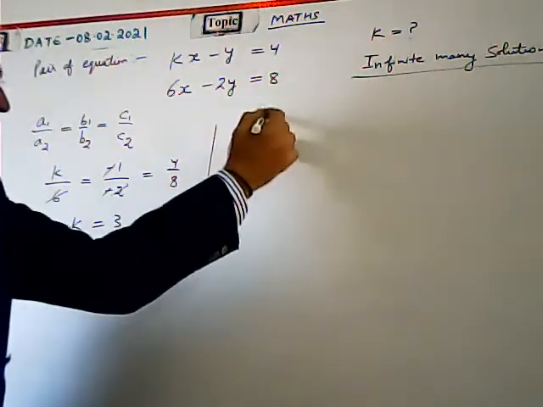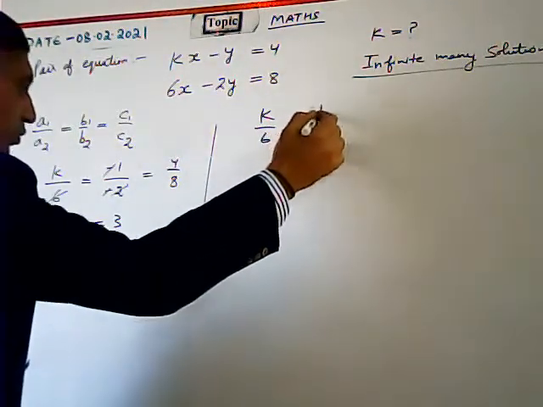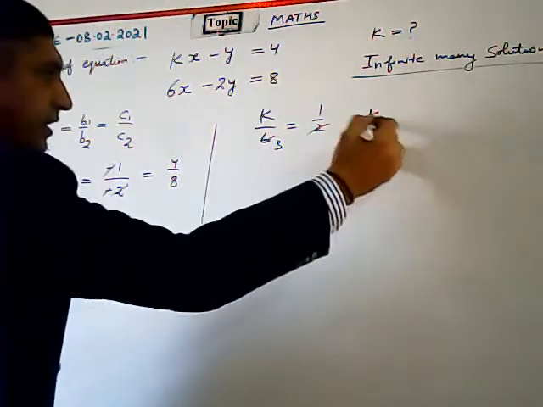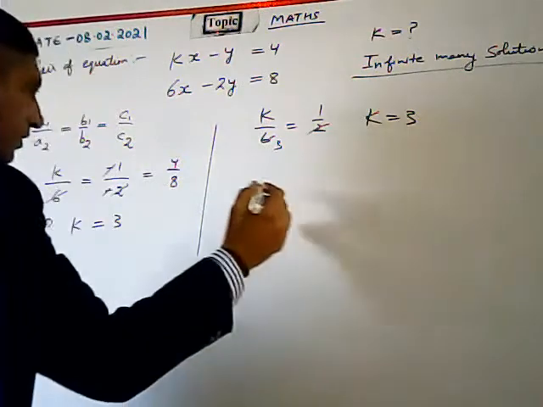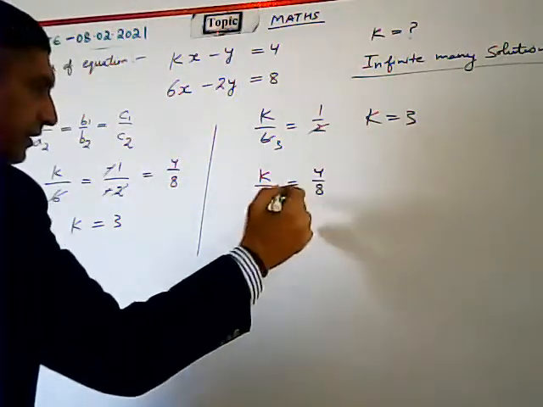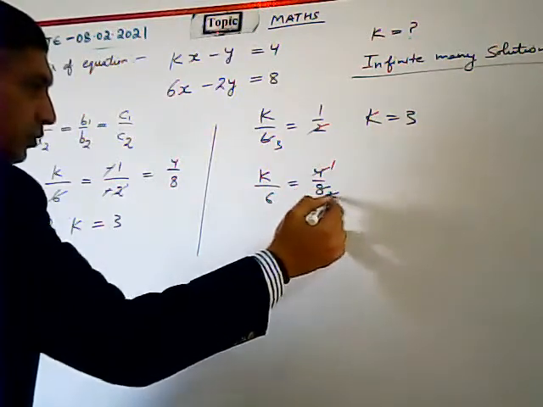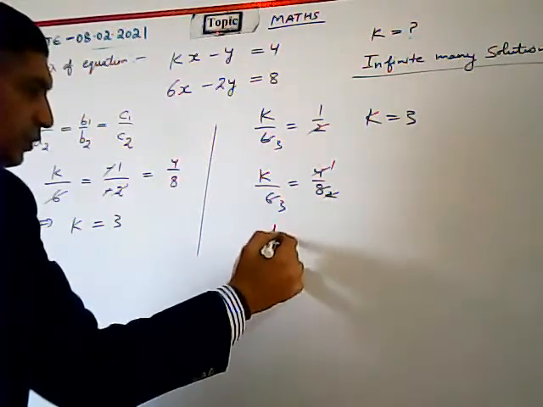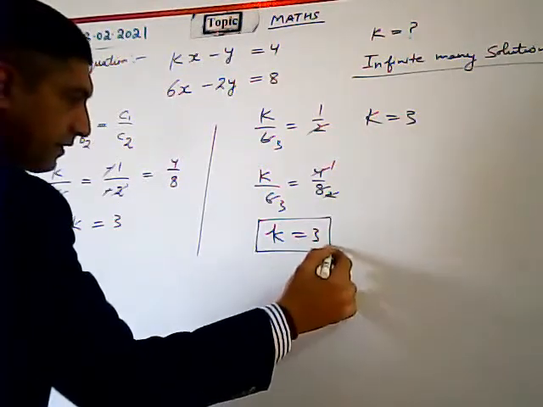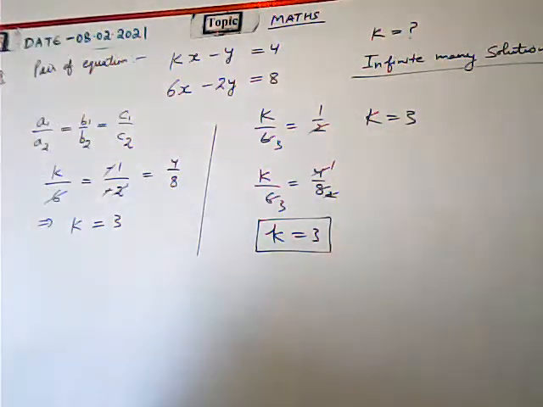In this way, k upon 6 is equal to 1 upon 2, so k is equal to 3. Or if k upon 6 is equal to 4 upon 8, then also it is 1 by 2, so k is equal to 3. The value of k is equal to 3 here.